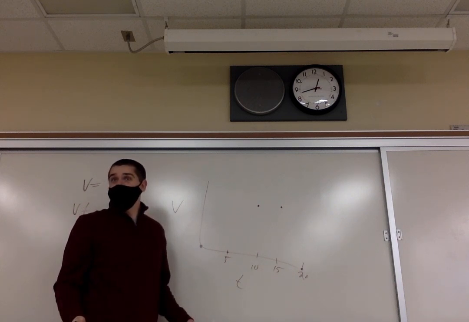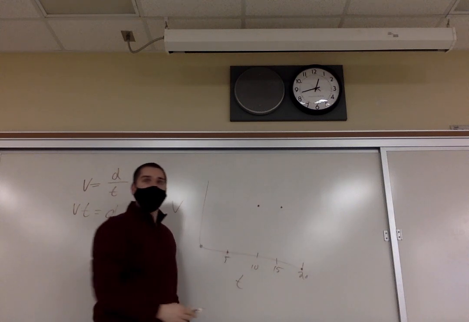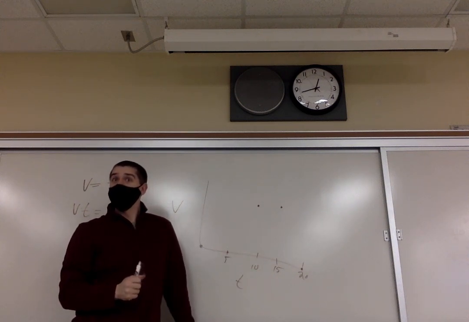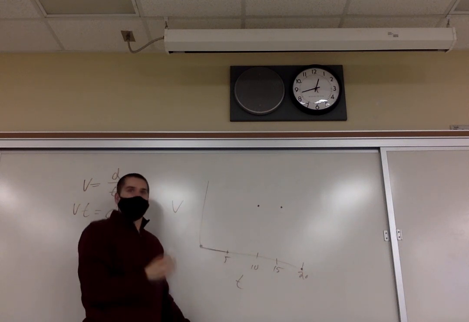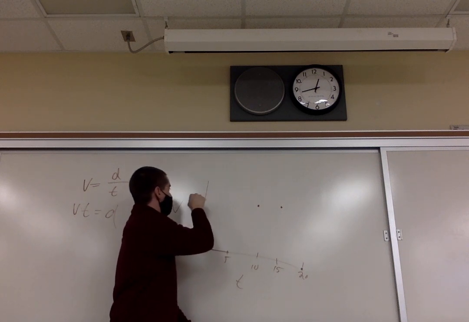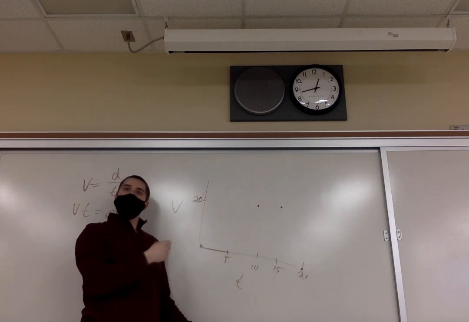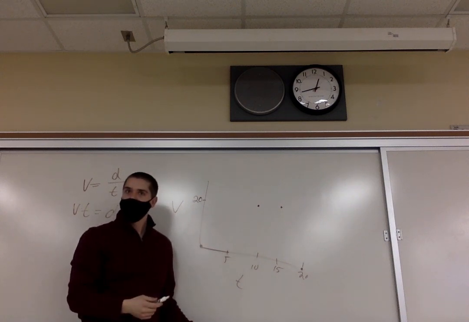But from here to here, this goes up to 20. What kind of increase is it? It's linear. The acceleration was constant, it's changing at the same rate, so it is literally just a line. It's not a curve, it's not a squiggle.